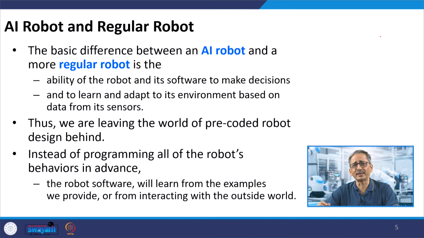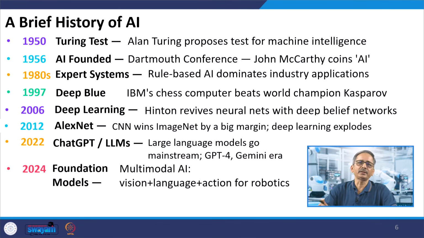In the regular robot we have hard coding, basically for a specific type of action we do the programming. With an AI robot, we are trying to move from that hard coding to autonomous decision making. So, instead of programming all the robot's behavior in advance, we expect that the robot software will learn from examples.